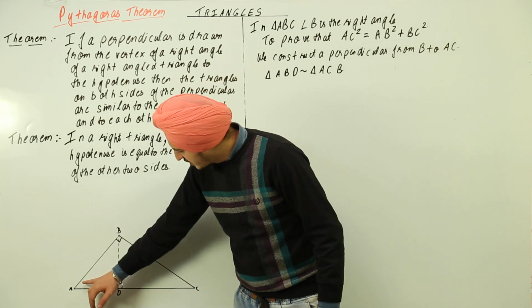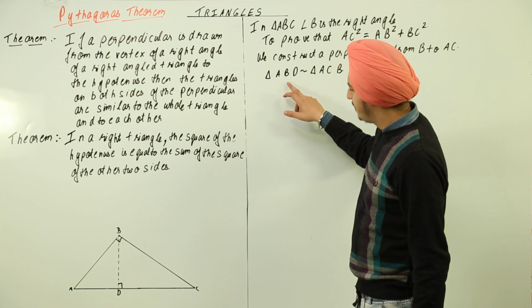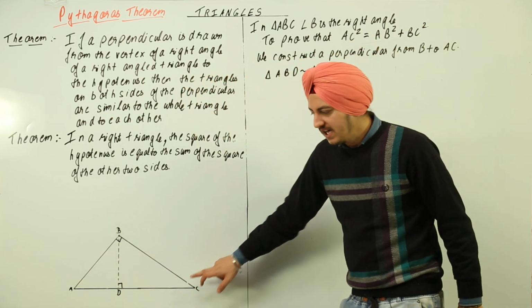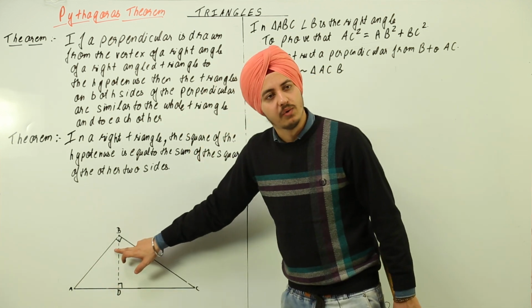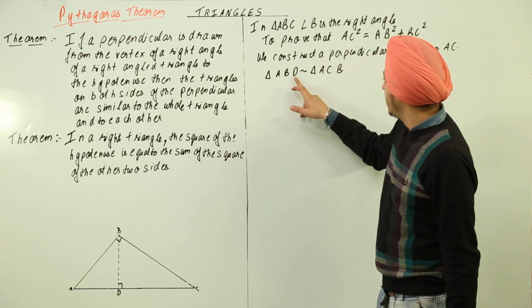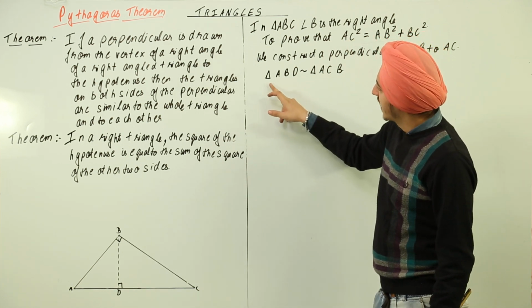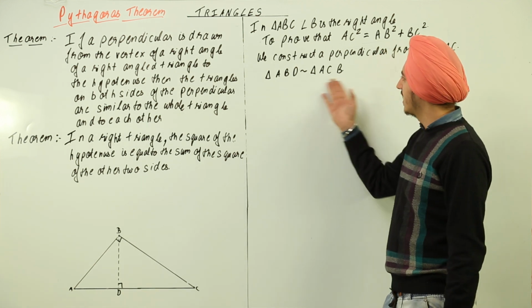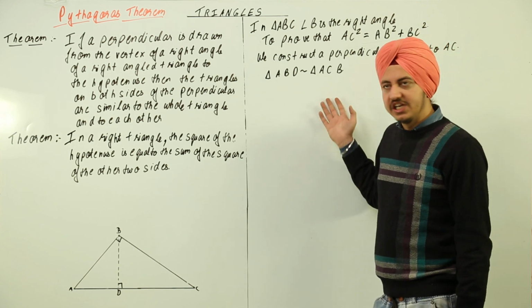Now in triangle ABD, angle D is 90 degrees and angle B over here is 90 degrees. So D should be with B and B should be with C. So triangle ABD is similar to triangle ACB. All these are corresponding angles and corresponding sides written in the correct sequence, correct?